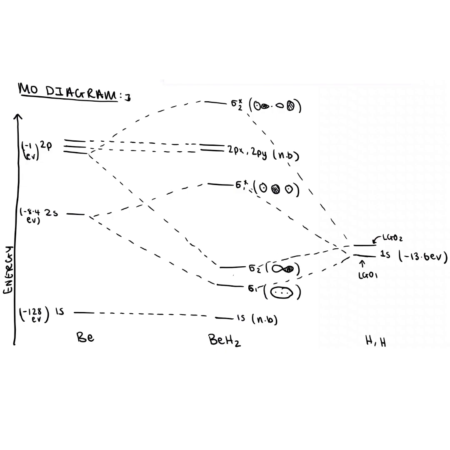Now that we have drawn the outline of our molecular orbital diagram, we can place the electrons in. The beryllium 1s and 2s atomic orbitals are completely filled, and its 2p orbitals are empty, although they still take part in forming the molecular orbitals.